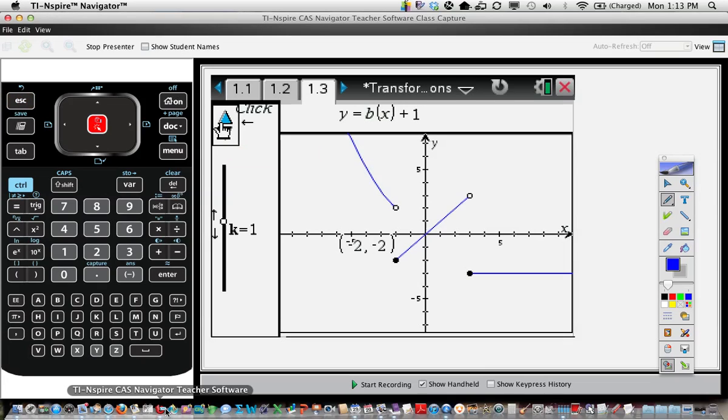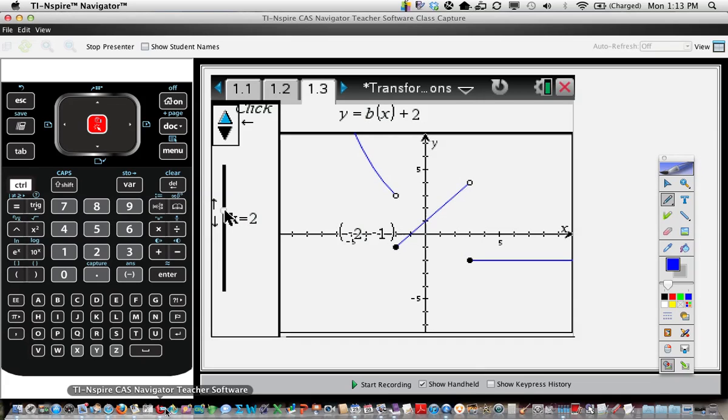Let's say we had this piecewise function called b of x. So now grab that k equals 1. Now let's look at this point they've got for us here, -2, -2. If she drags that k up 1 to 2, notice how it's just taking the whole thing and it shifts the whole thing.